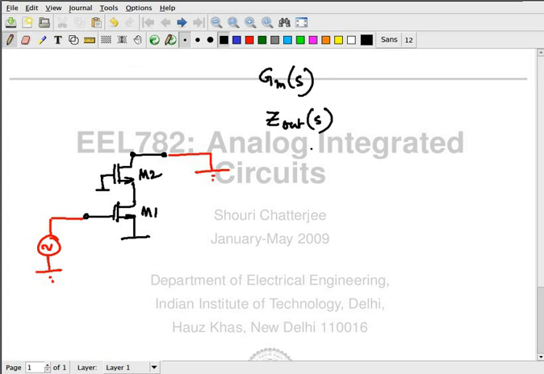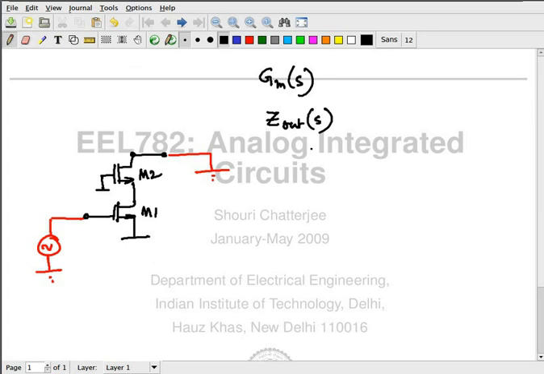And now I want to see where are the different capacitors. What are the significant capacitors? So if I look at M1, CGS is not significant because input to ground, it's a capacitor across a voltage source. CGB is also not significant. CSB is not significant. Source to body is not significant because both are at ground.